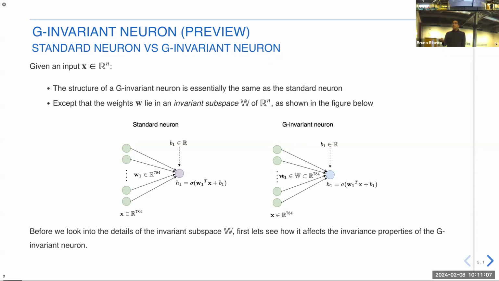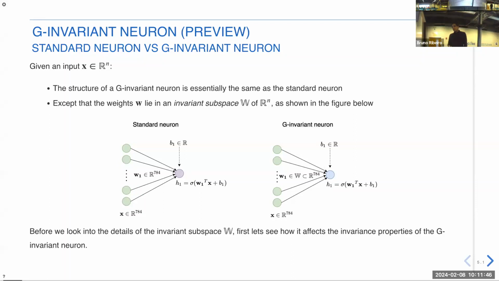However, for the G-invariant neuron, I'm restricting this neuron into what we are going to call an invariant subspace of the entire 784 dimensional space, right? So if your vector input has n dimensions, then it's going to be a subspace of R^n. Okay, and this subspace is called an invariant subspace because it has the property that if I transform x and I do the inner product, the output will be the same no matter which transformation of x I apply.